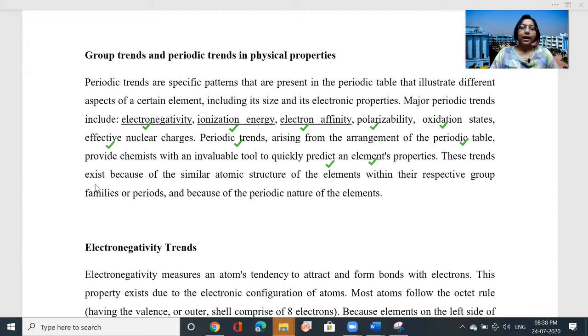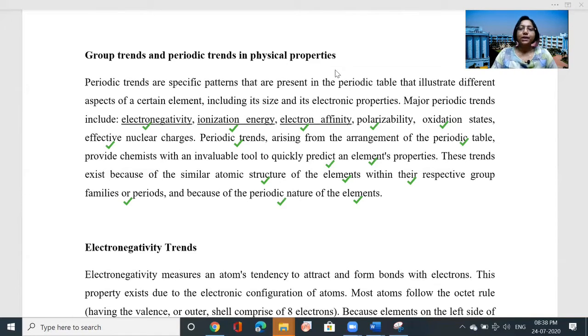This trend exists because of the similar atomic structure of the elements within their respective group families and periods, and because of the periodic nature of the elements.